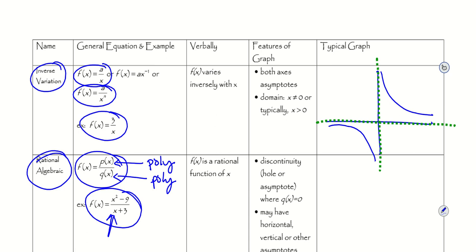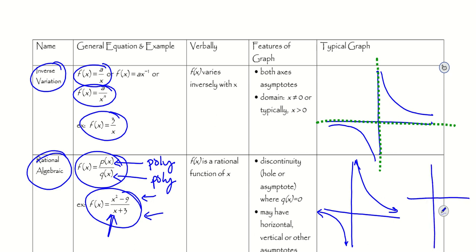Typically, x shows up in both the numerator and the denominator. The graph of a rational function can have different features. So the graph of a rational function could simply look like our inverse variation function. That would be our simplest kind.